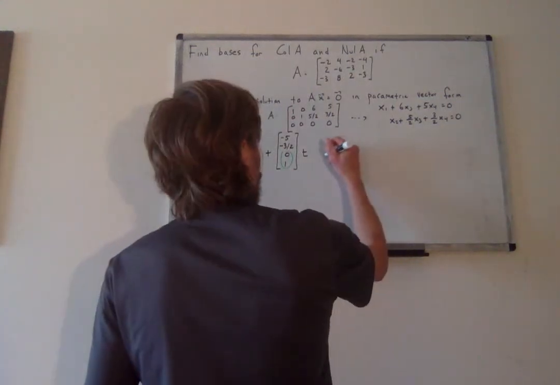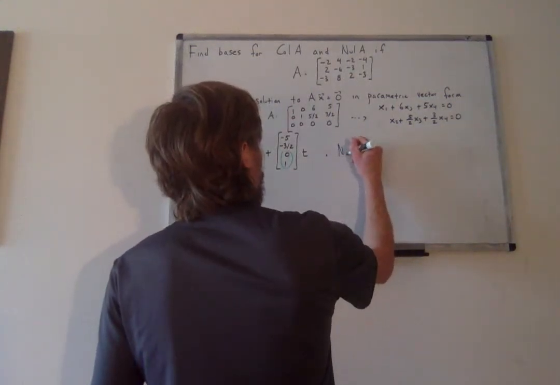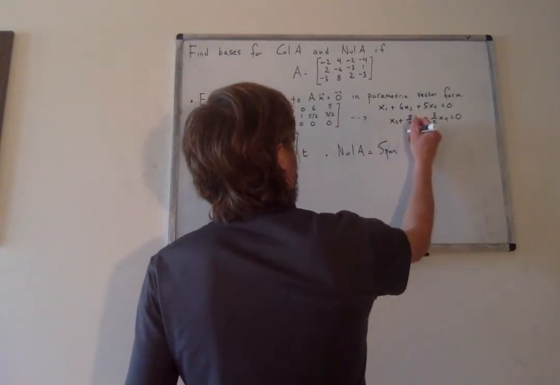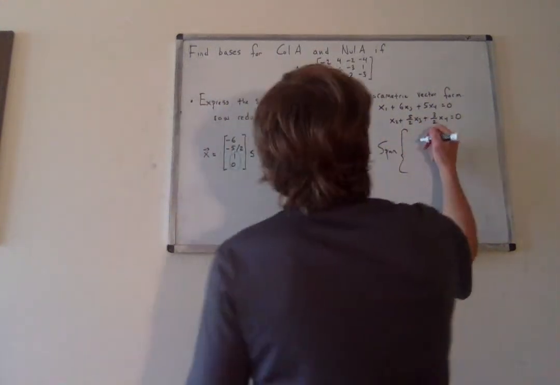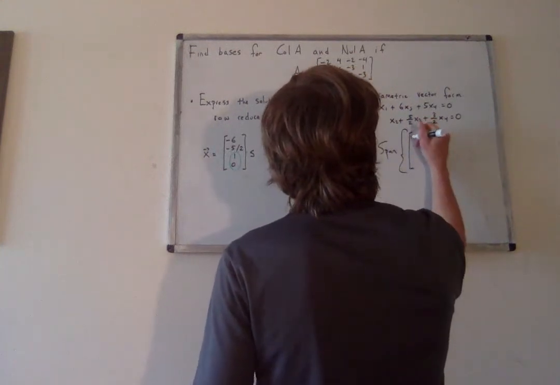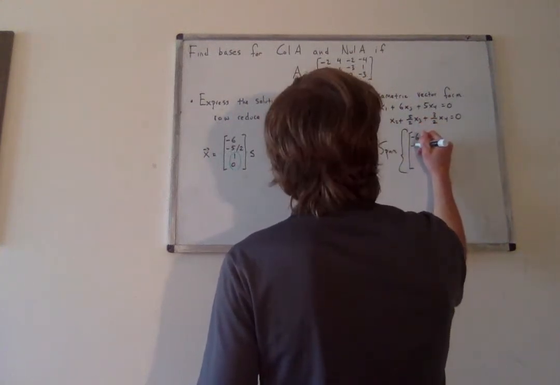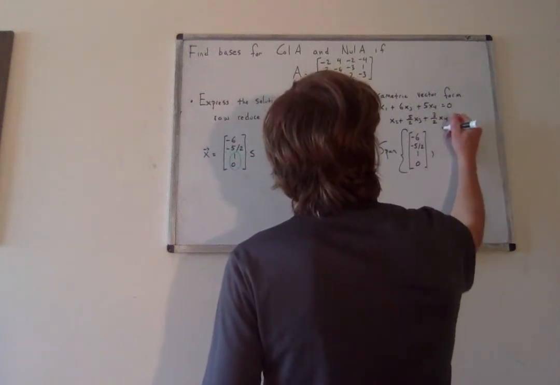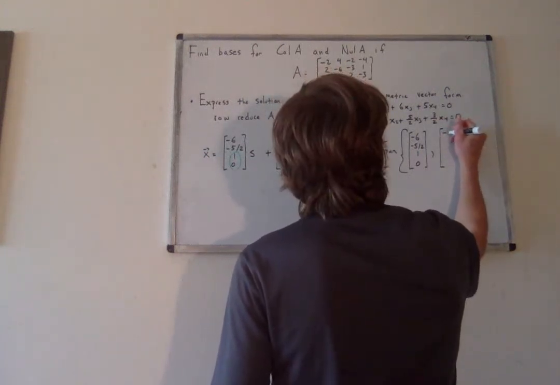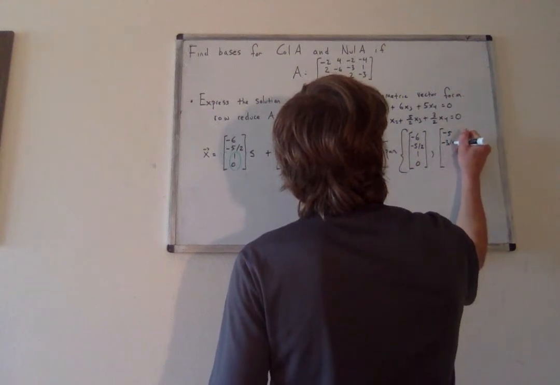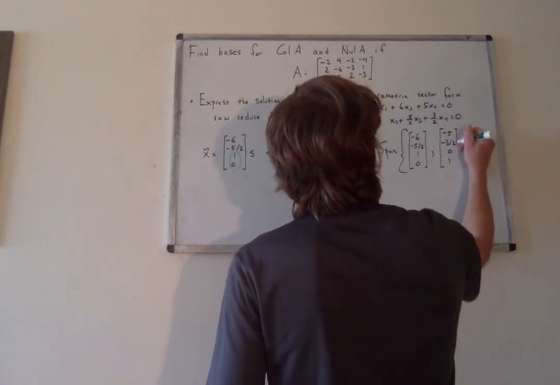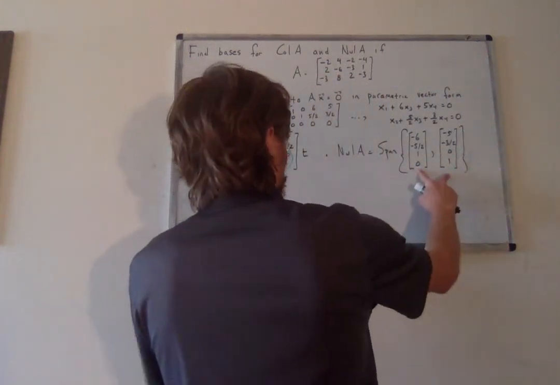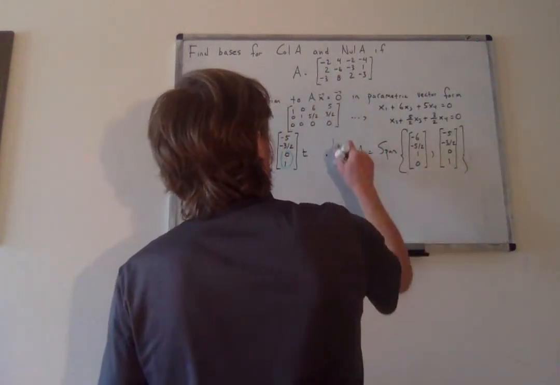So what we've actually just found is a basis for the null space of A. And so we can say that the null space is equal to the span of the vectors (-6, 5/2, 1, 0) and (-5, -3/2, 0, 1). These two vectors give me a basis for my null space.